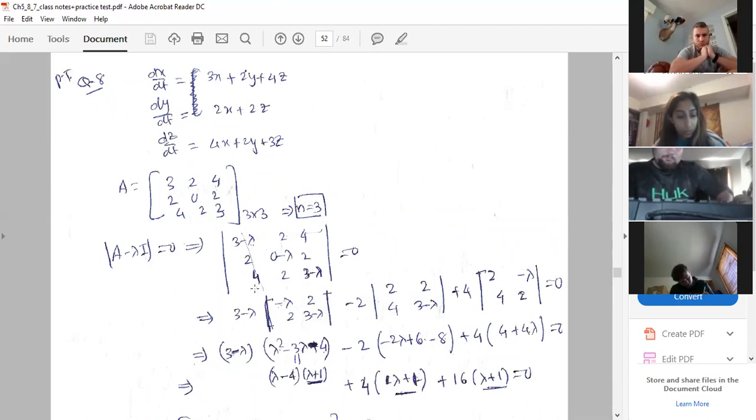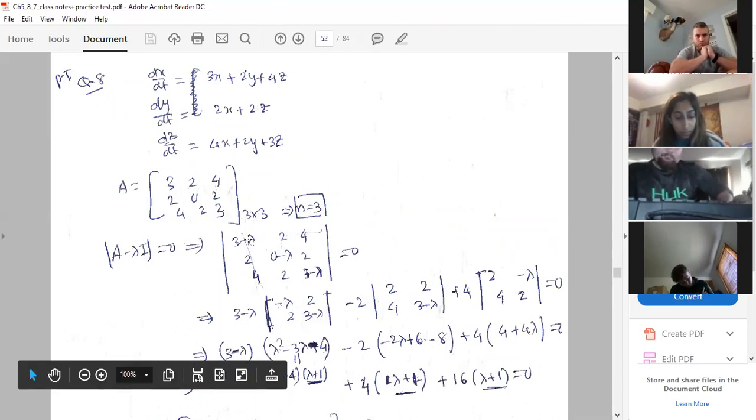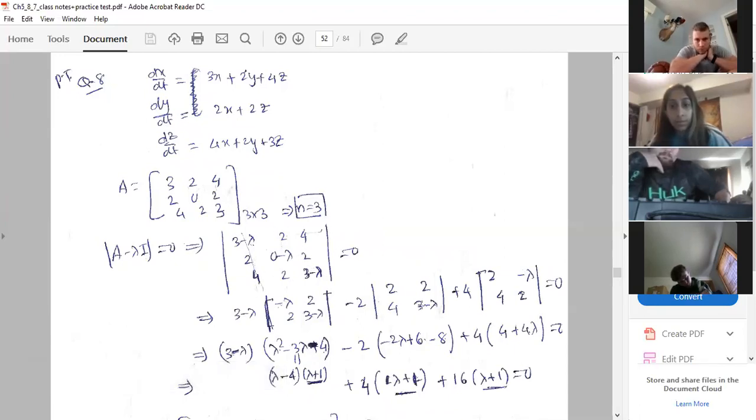A minus lambda I gives a cubic equation. So 3 minus lambda, I just hide this row and this column. Whatever is left out, write down in terms of this one. Signs are alternating. You start with plus sign, then minus, then plus. So minus 2, and then hide this column and this row. So 2, 4, 2, 3 minus lambda is over here. Plus 4, hide this row and this column.